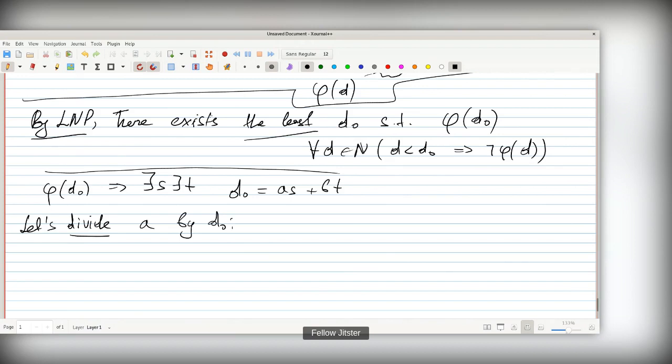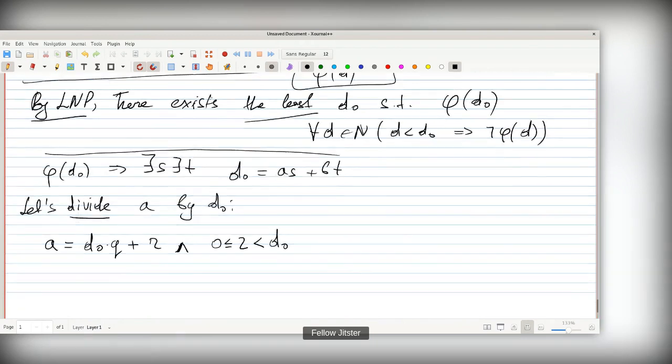So we have divided it with remainder: a equals d0 multiplied by q plus r. And of course, this r is greater than or equal to 0, but less than d0.